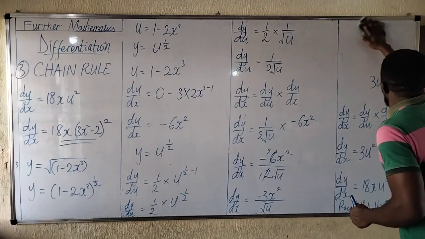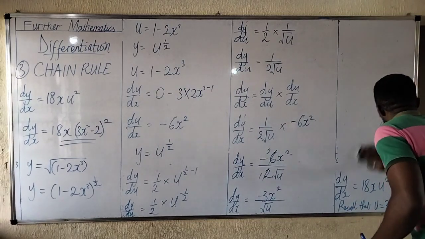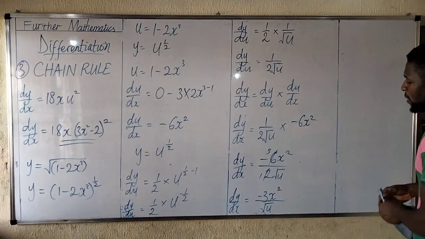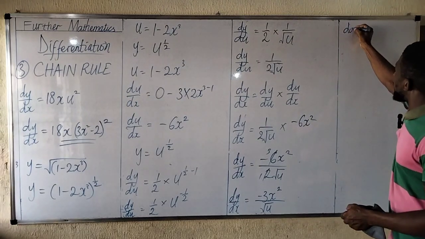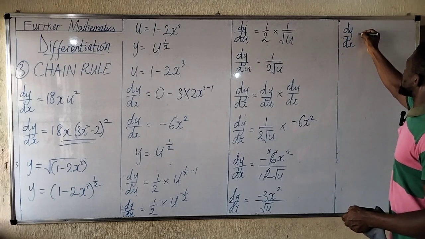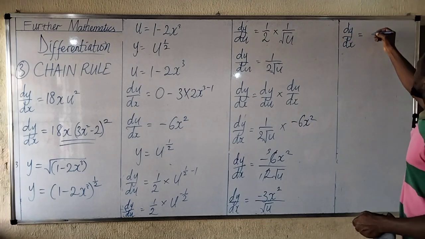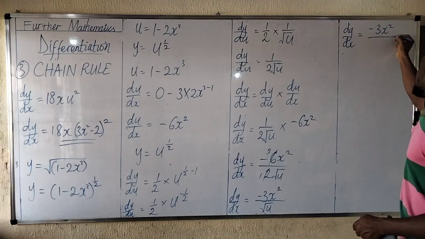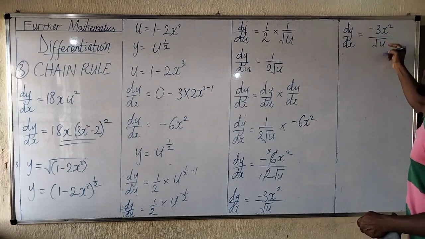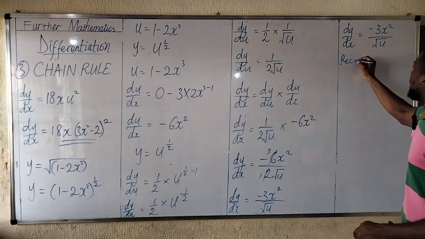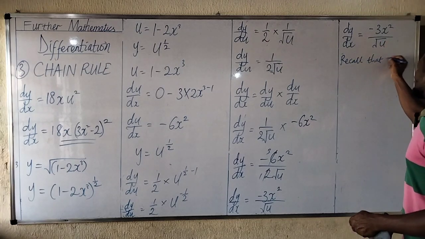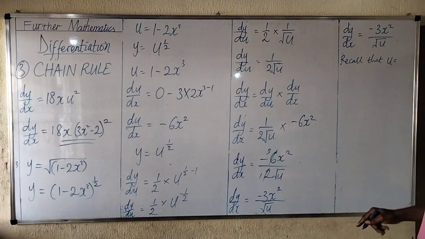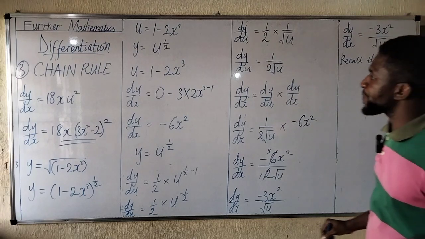So this part of the board to complete our task. Okay, done. So here we are going to have our dy over dx to be negative 3x squared over root u. We are not going to leave it like this. Recall that u is what? u from what we started with.